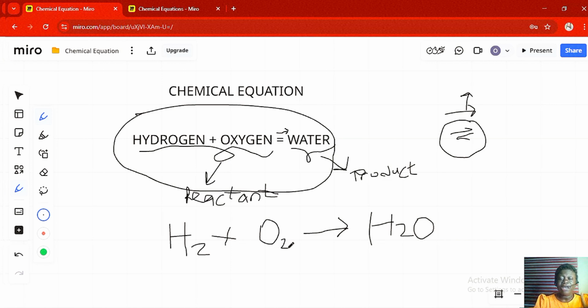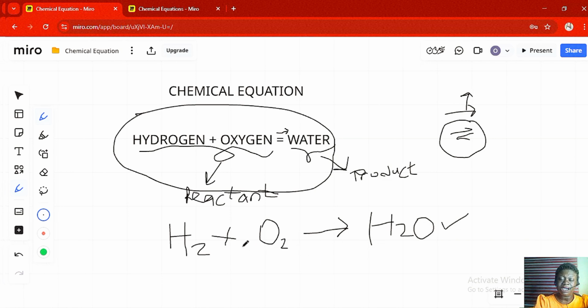Now, hydrogen plus oxygen gives us H2O. If you look at this, this is a typical example of a chemical reaction. Now, there's something you need to note about a chemical reaction. We've talked about the arrow, which means a direction with which the reaction is headed to.